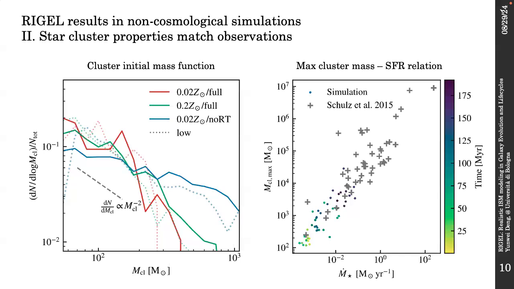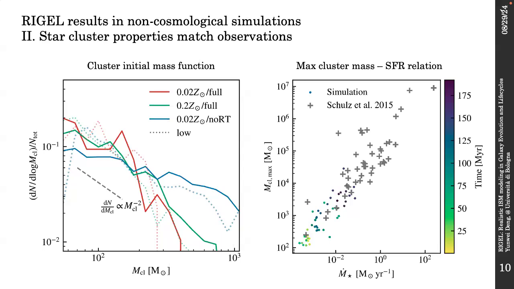You can see the star formation rate covers maybe 3 orders of magnitude, and our simulations capture this observed relation nicely, which is very important for dwarf galaxy simulations, because the star formation rate in quiescent dwarfs is very low most of the time, and only when the dwarf galaxy gets into some merger or starburst can it have a high star formation rate.